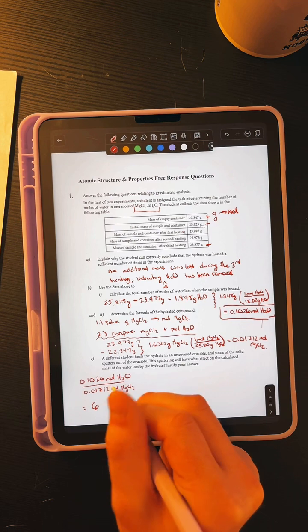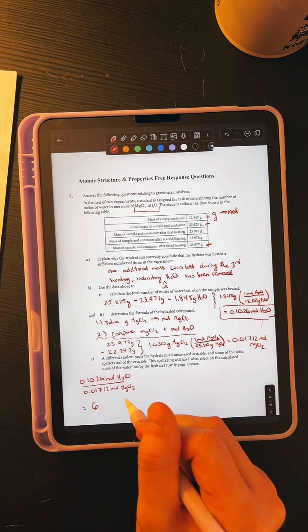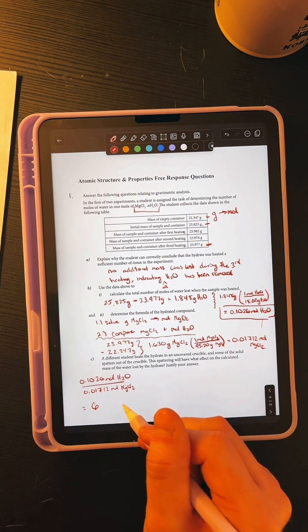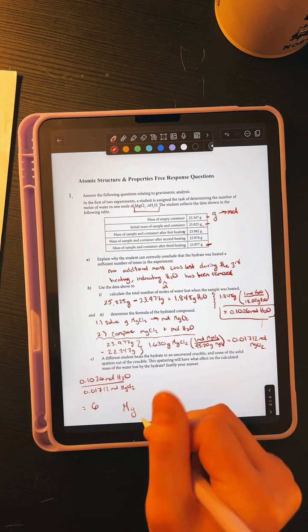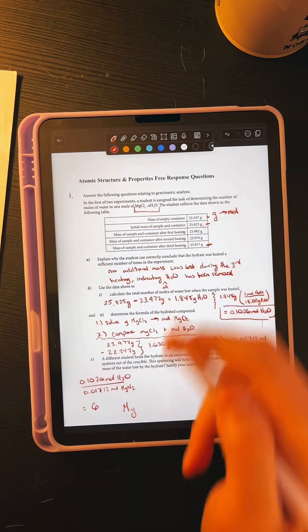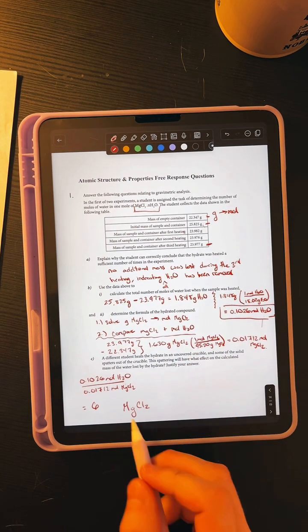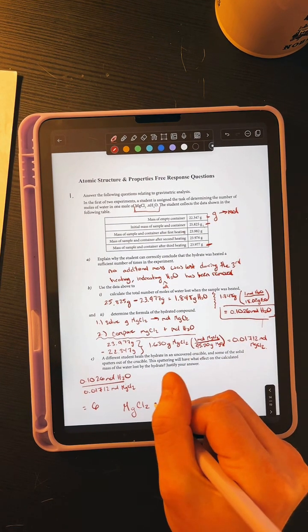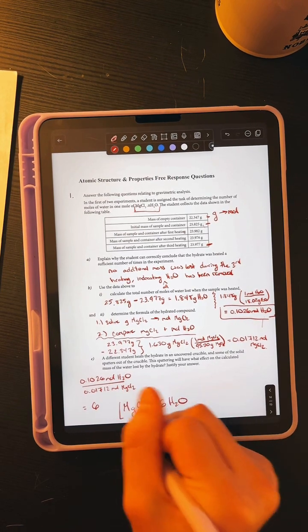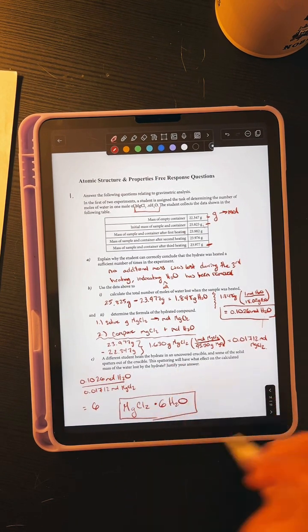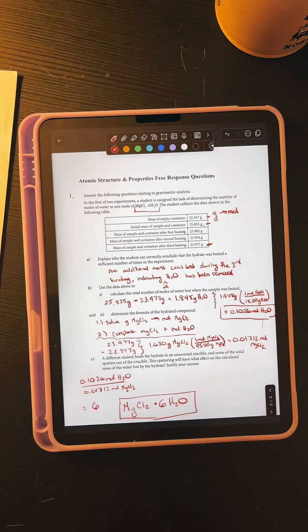And what this is saying is for every 6 moles of water, we have 1 mole of MgCl2. And so when we write out our final formula, we have 1 mole of MgCl2 has 6 moles of water. And that is the final answer for part 2.